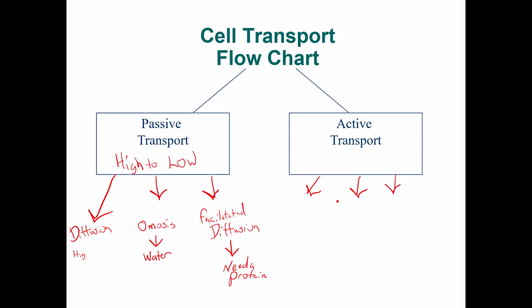Okay. So now we have active transport. So we have ion pumps. That would be the sodium-potassium pump. Okay. Now I have endocytosis and exocytosis.